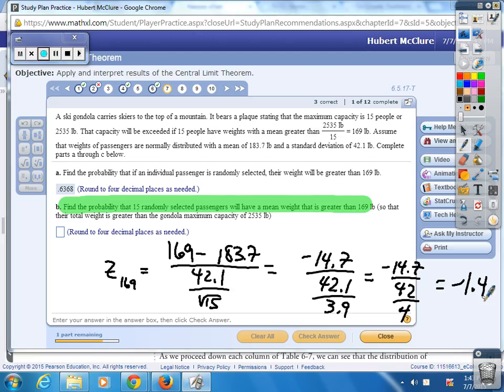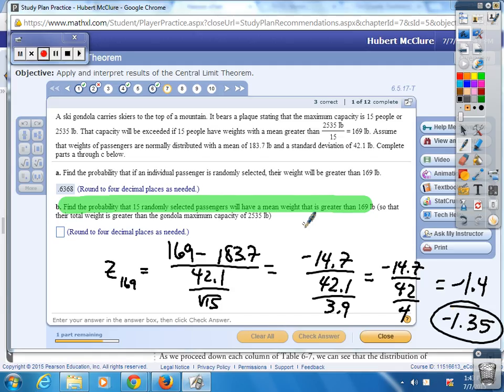Wait a minute, hold on. 42 divided by 4 is going to be more than 10. So 1.38 or 1.37 or something like that. What does it come out to be? 3.5. So, somebody take your handy dandy calculator. Now it says greater than.